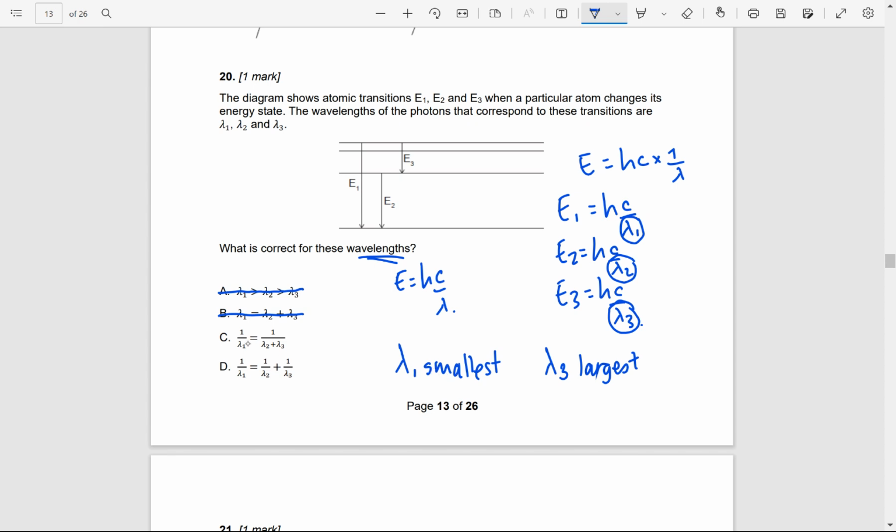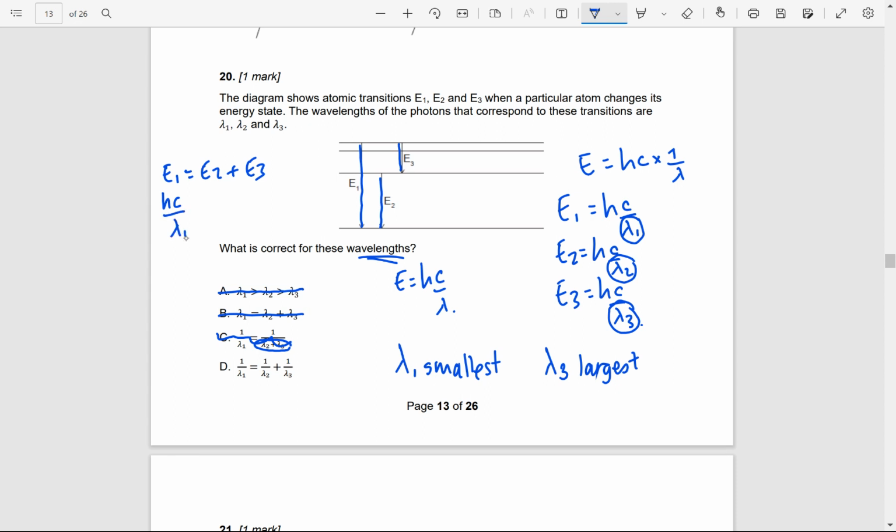So if lambda 1 is the smallest, then it's not this one, because here again we're adding together and we have to do 1 divided by, so it's not that one, which means it is actually D. And that's because we can see that E3 plus E2, this length plus this length equals this length. So we can say that E1 equals E2 plus E3.